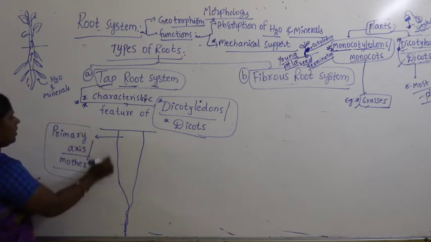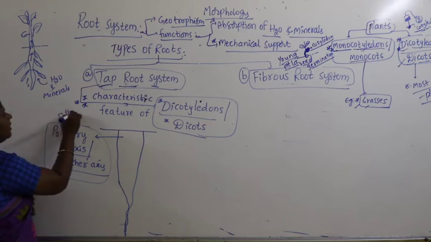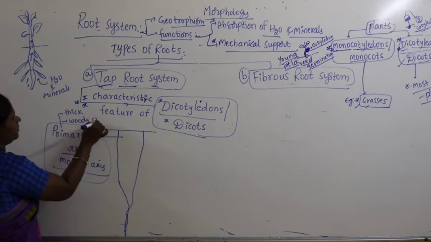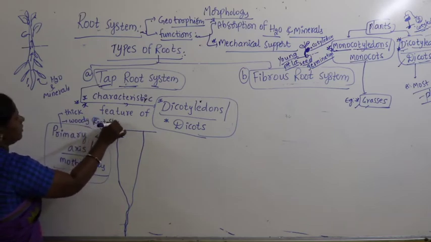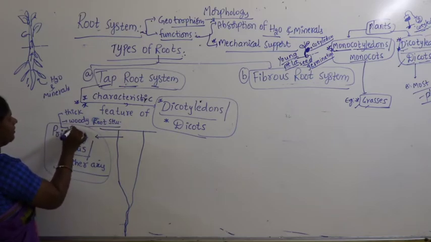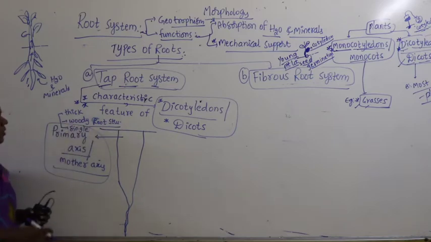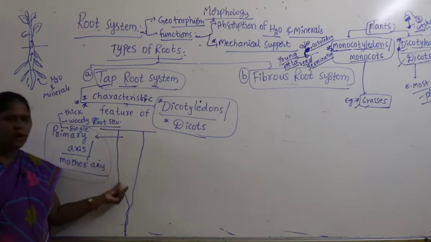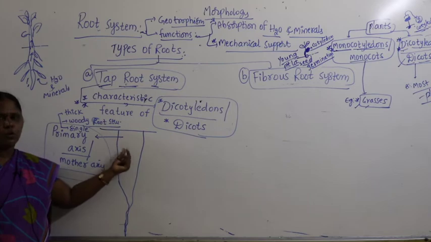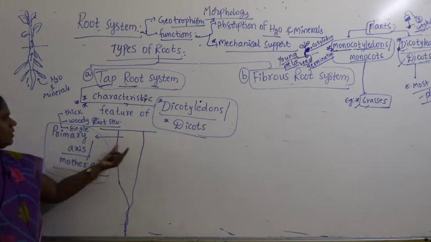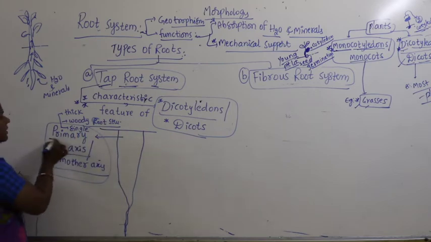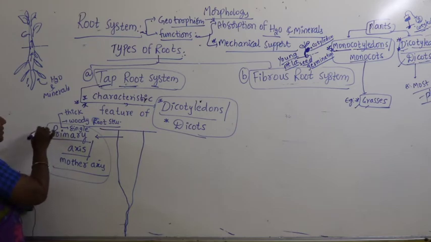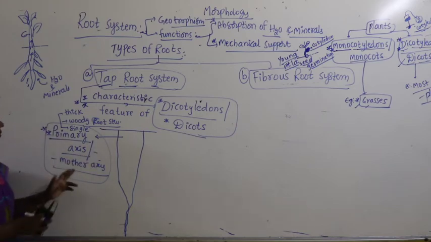It will be a thick, woody root structure, and it is only one single root. So in some plants, in the center you find a thick woody single root, which we call the primary axis, or mother axis.